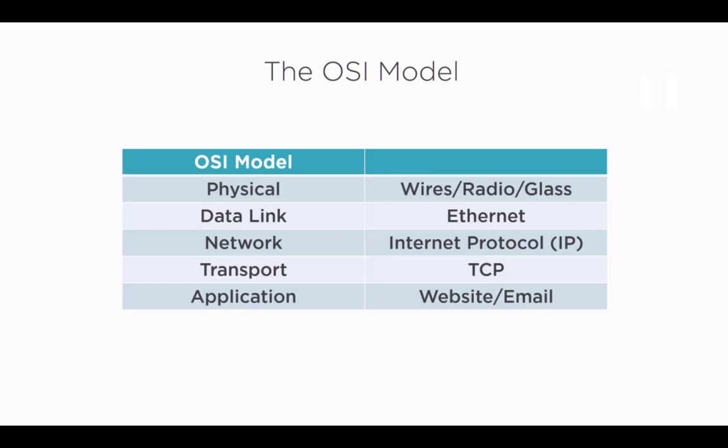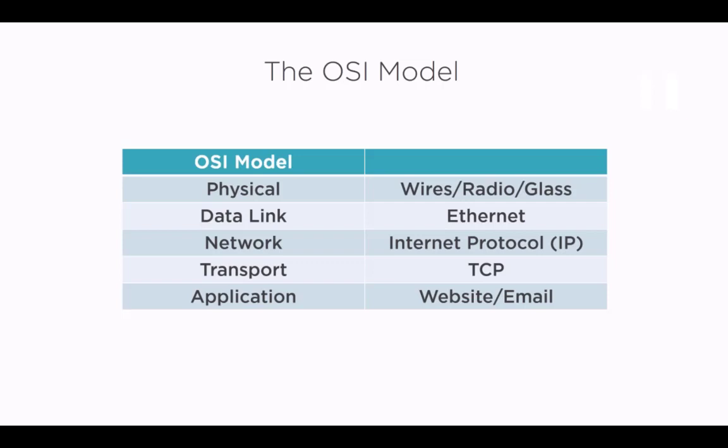The wireless, radio, and glass medium is equivalent to the physical layer of the OSI model. As I described in my previous lecture, the OSI physical layer is related to the physical part of the communication, which is about the medium: how we can transmit data from one place to another with the help of copper wire, fiber optic wire, or radio frequency.